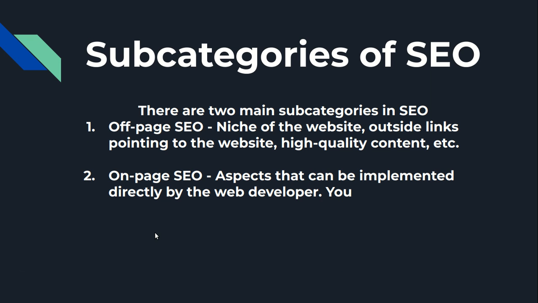SEO has two main subcategories: off-page SEO and on-page SEO. Off-page SEO mostly refers to factors that we as developers cannot affect.